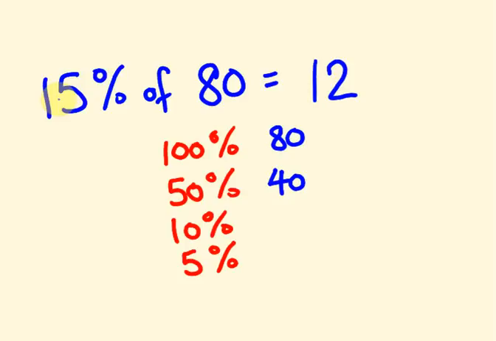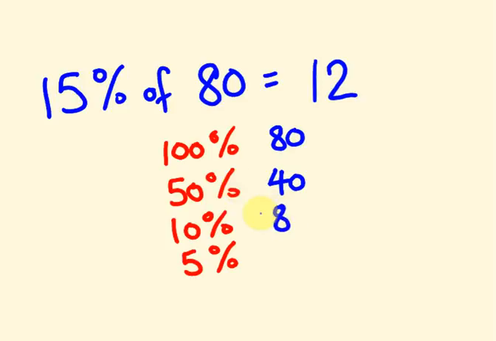So the 10% of 15 would be 1.5. 10% of 80, the decimal place is here, and we'd move it back one to the left. So 10% of 80 is 8. 10% of 12, we move it back, and it becomes 1.2. Hopefully you get that idea? So 10%, we just divide this number by 10. So 10% of 80 is 8.